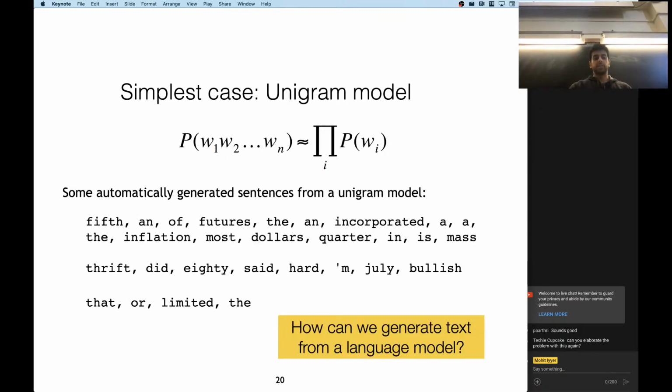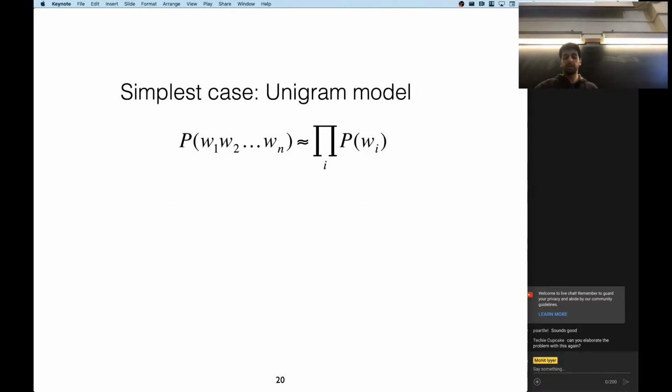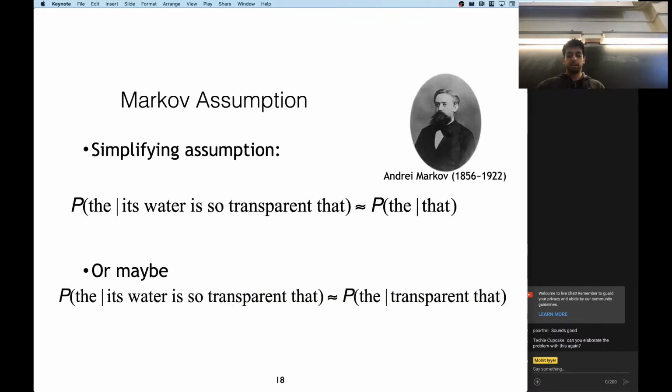Okay, so let's take a look at what happens if you just count up. Just to be clear, a unigram model, you can get one from any piece of text: for each word, the probability of that word is the frequency of how often it occurs in that text, right? So if I had, what is this example? "Its water is so transparent that," and I want to predict the next word, the conditional probability of "the" given "its water is so transparent that," in a unigram model, this is equal to the probability of "the," right?